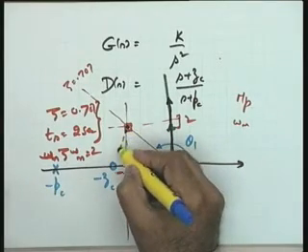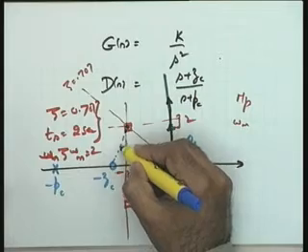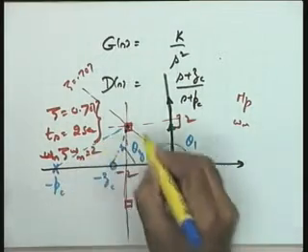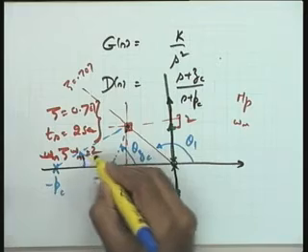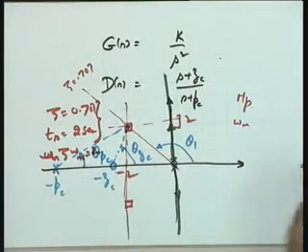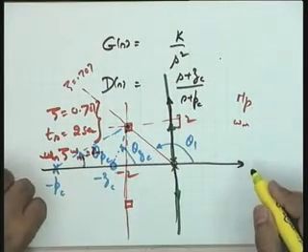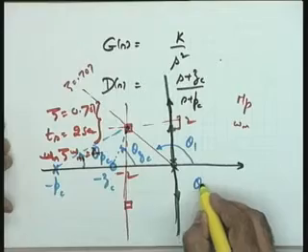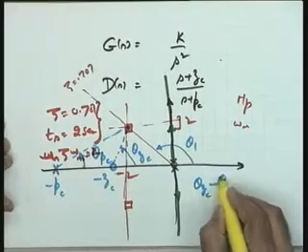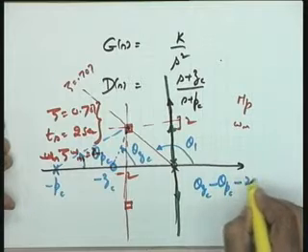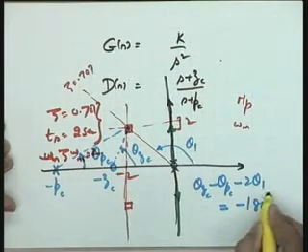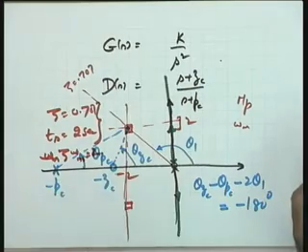Let us say the angle contributed by the 0 at minus ZC is theta ZC, and the angle contributed by the pole is theta PC. So please note that I really do not know the locations, but this is at least clear that theta ZC minus theta PC minus 2 theta 1 should be equal to minus 180 degrees, for example.